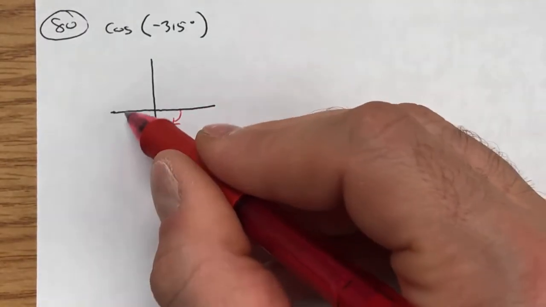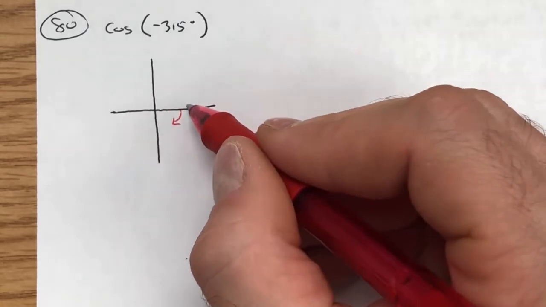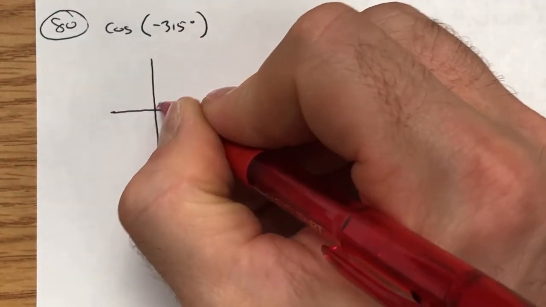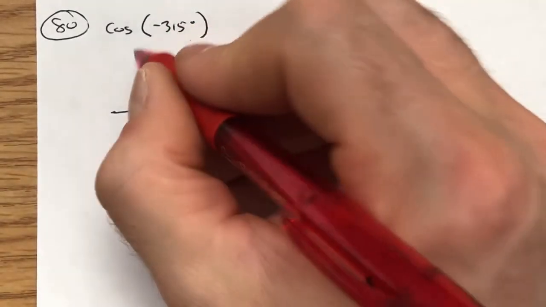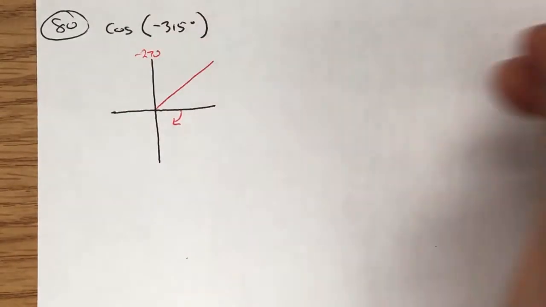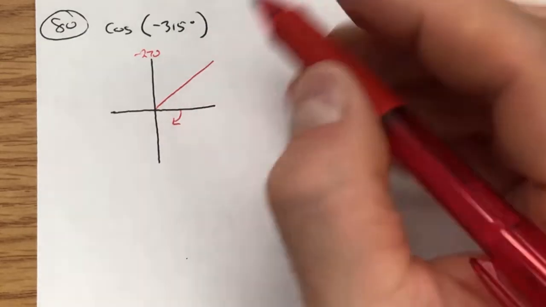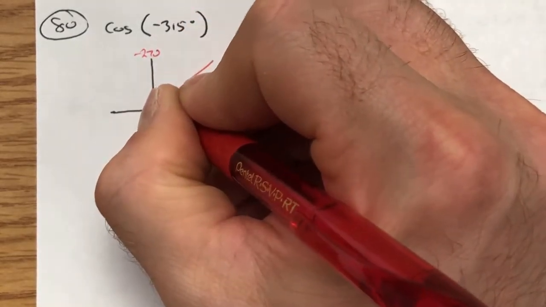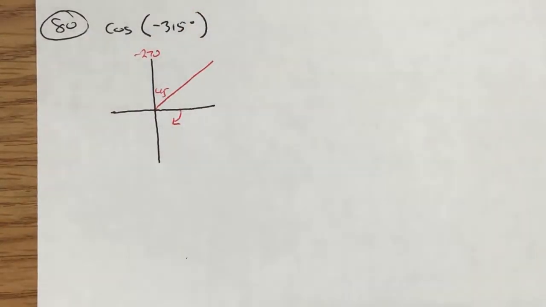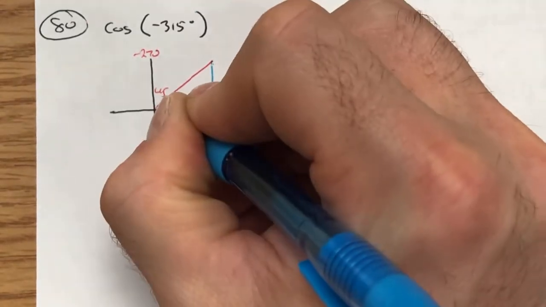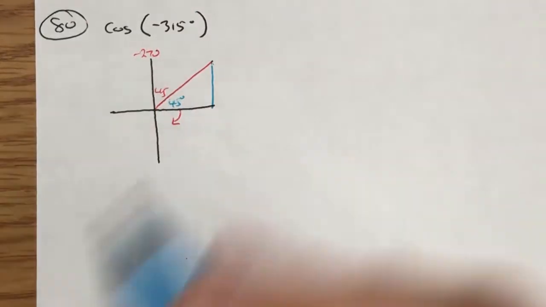Let's see, that'd be 90, 180, 270, 360, somewhere in this region. I know if this is 270 and this is 360, well, let's see, I am 45 degrees past, which means that my triangle that I'm going to use has 45 degrees left in it.